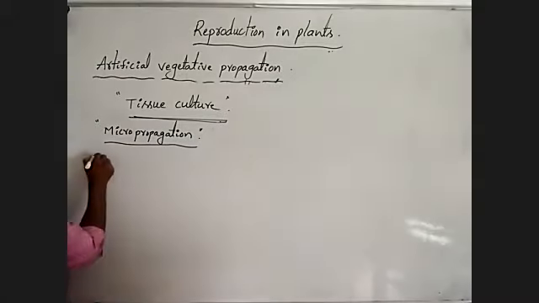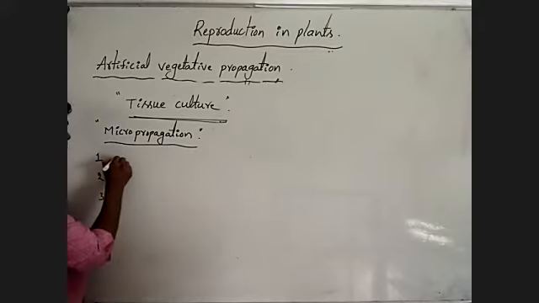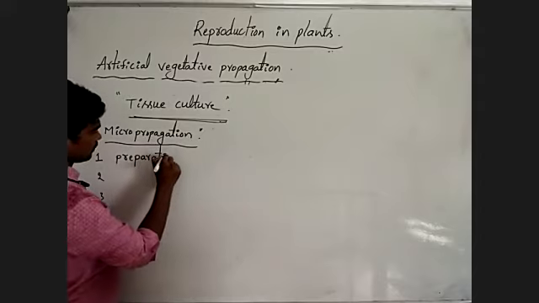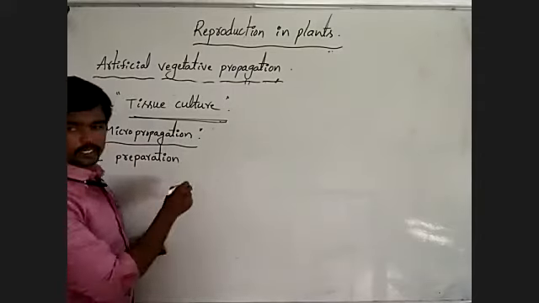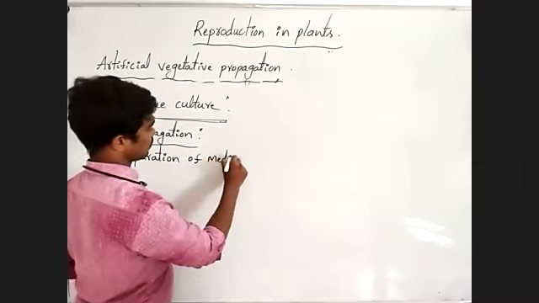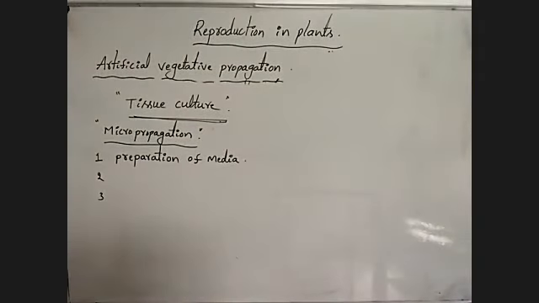Here in tissue culture, there are different important steps. What are they? First one, preparation of the media. Observe, tissue culture is a modern technique to produce new plants vegetatively.